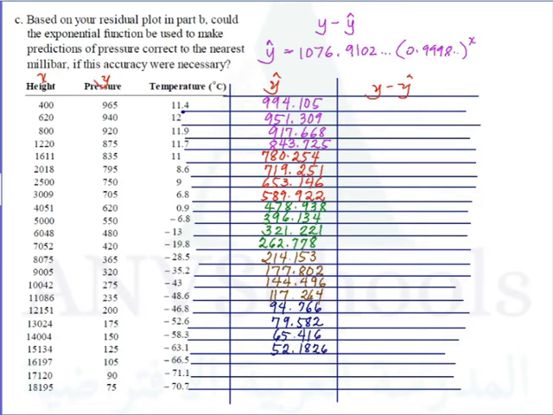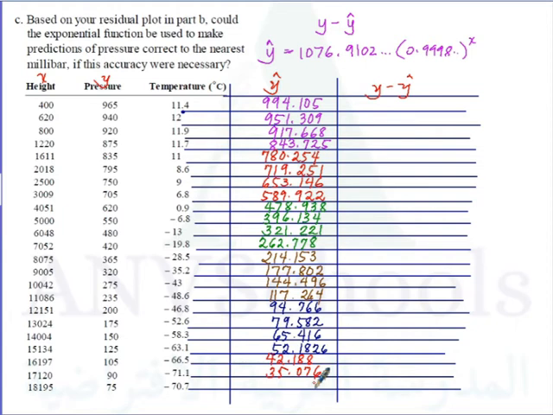And going back to red, we have 16197 for x. That would give me 42.188. Then if my x is 17120, then I would have 35.076.